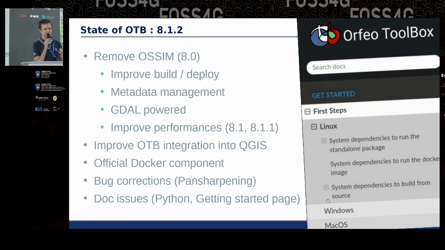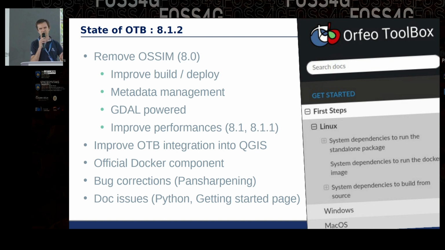Now a little state of the actual version. OTB 8.1.2 is being released now. The release candidate has been released, the tag was put at the end of last week. To remind you of the recent versions, the 8.0 version was a big version where we removed the dependency on OSSIM.